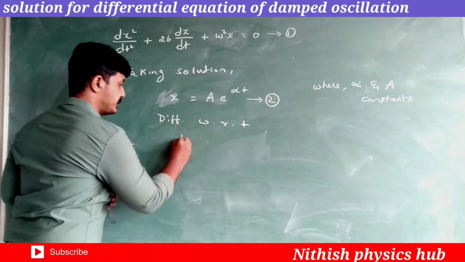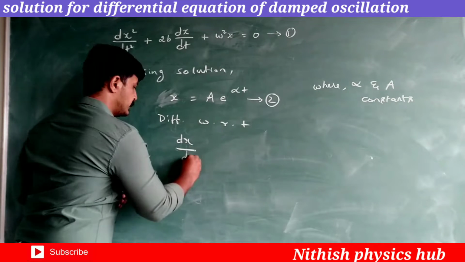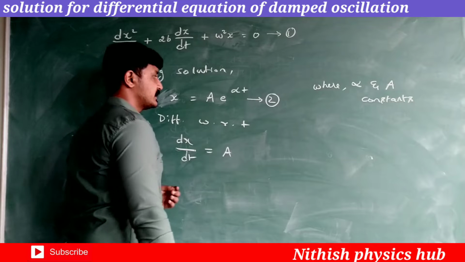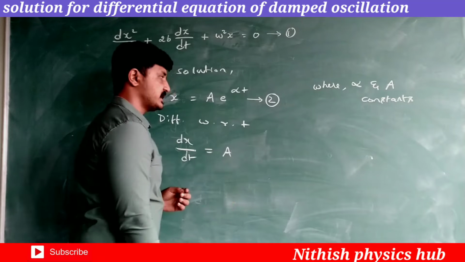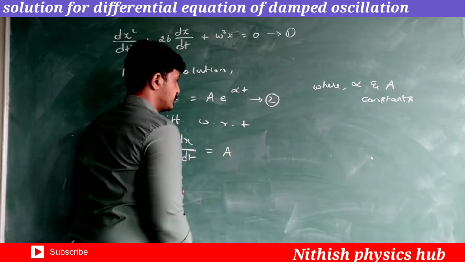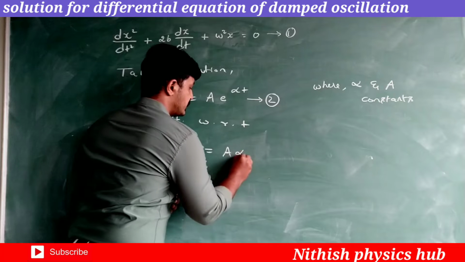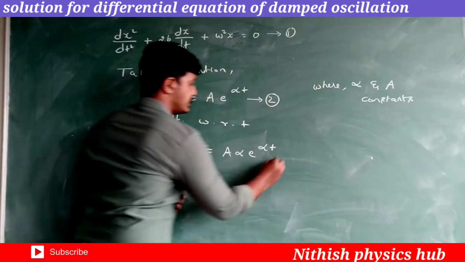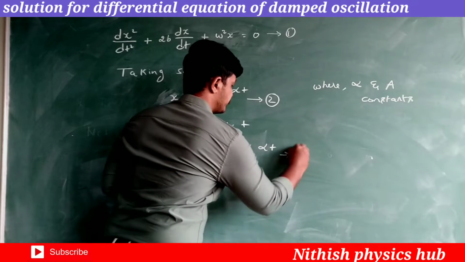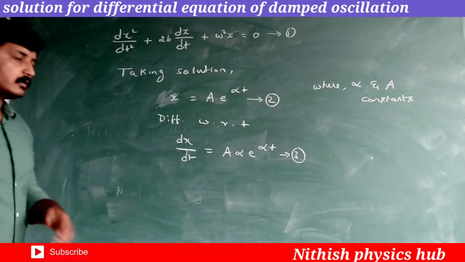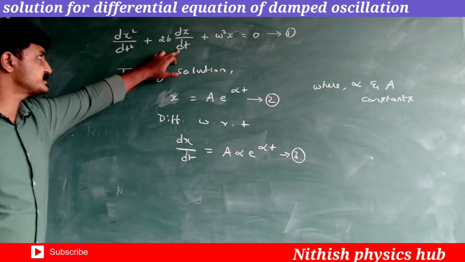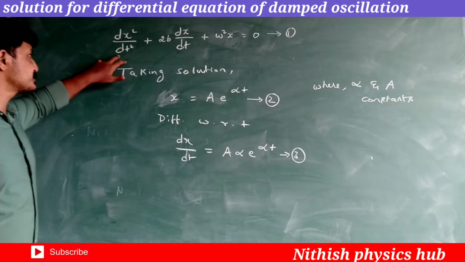So the solution will be dx by dt is equal to A into exponential. The differentiation of the exponential has alpha as the multiplying term, so I take alpha into e to the alpha t. Take it as equation number 3. Now dx by dt has been formed, so I need to replace the first term.